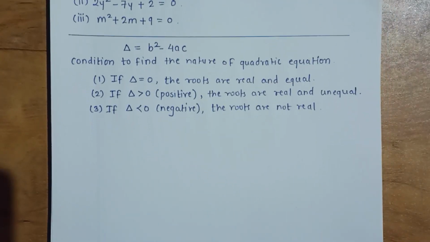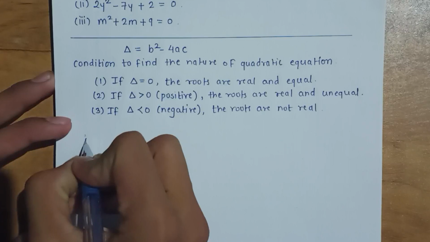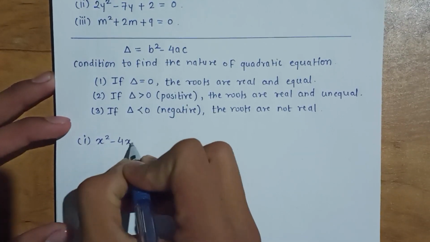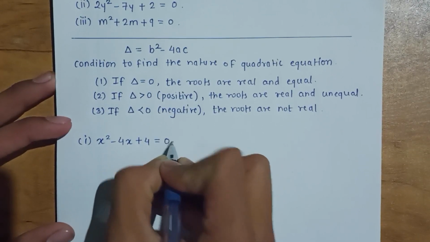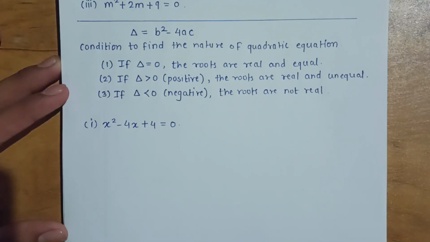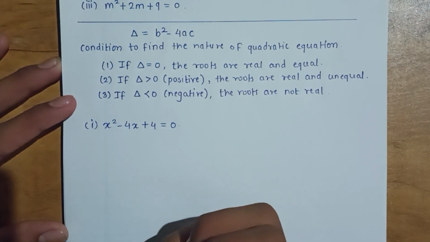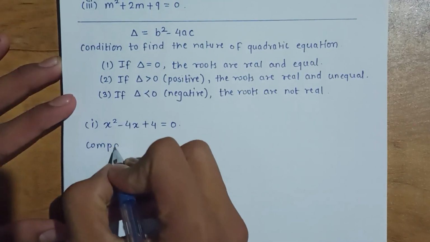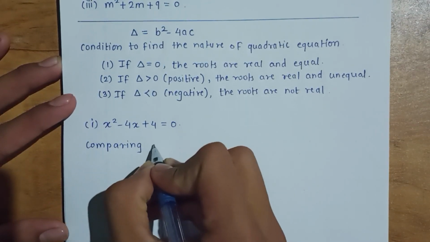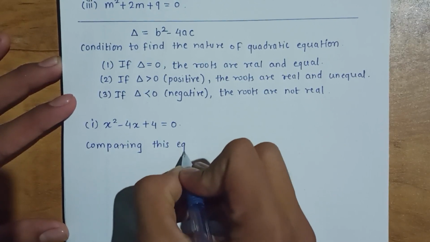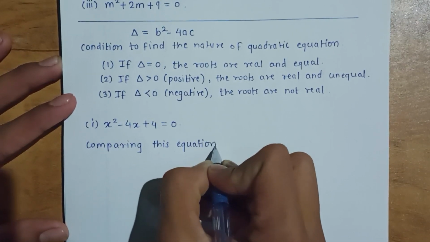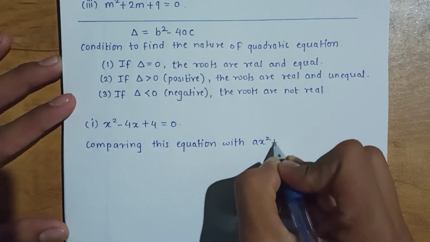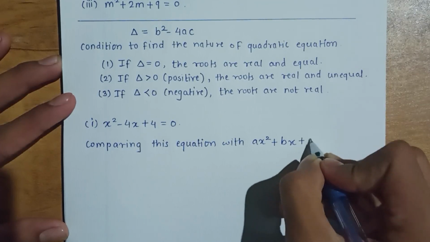The first sum is x square minus 4x plus 4 equals 0. First we will compare this quadratic equation with the standard form of a quadratic equation, ax square plus bx plus c.